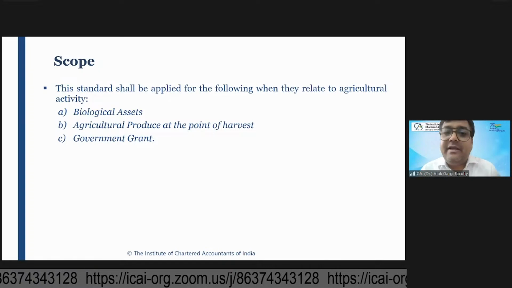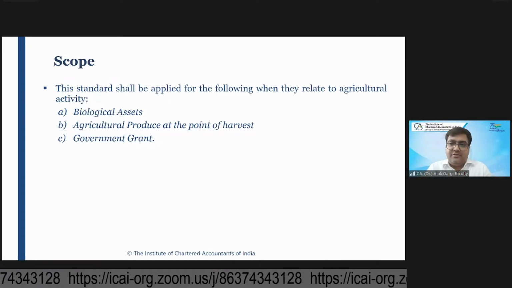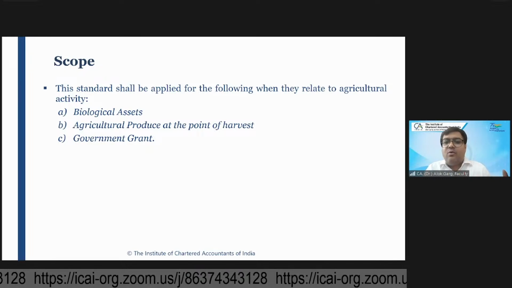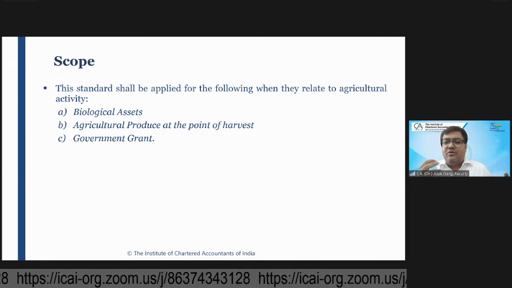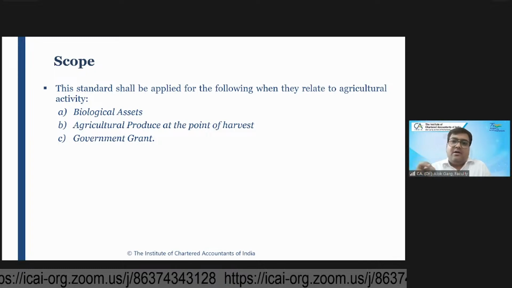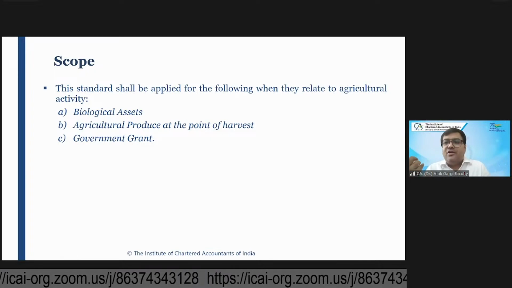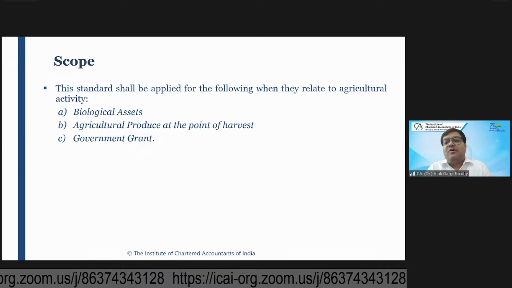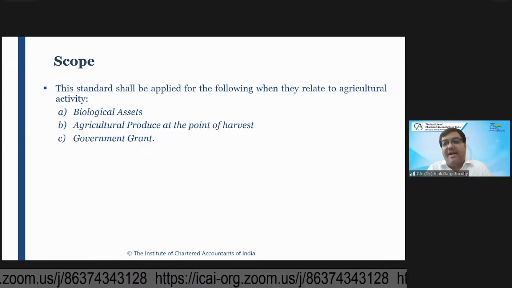For example, agricultural activity includes milking a cow, poultry farming, chicken farming, fishing, fish breeding. So biological asset includes living animals and plants as well.